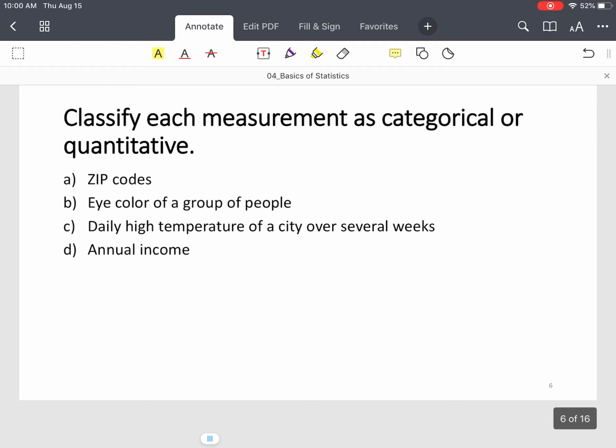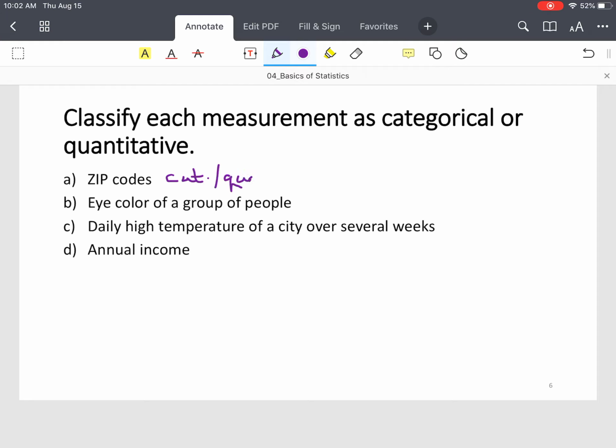All right, so a couple examples. All right, so zip code. Now, zip code is a 5-digit number, but it has no meaning. There's no such thing as an average zip code. So a zip code is used to describe a geographical location. So this is categorical, or you can call it qualitative, all right? Eye color, again, eye color, there's no average eye color, right?